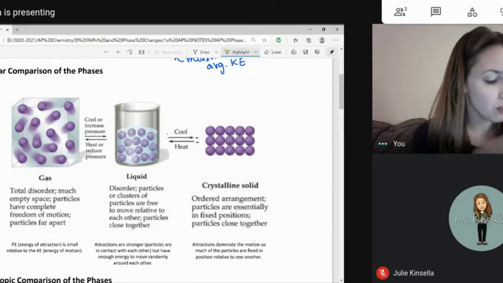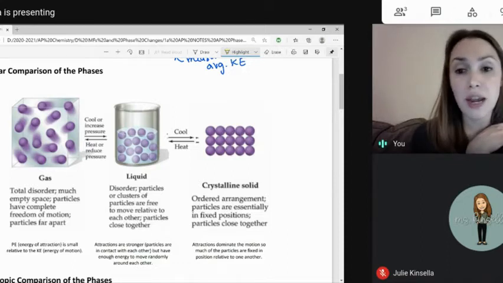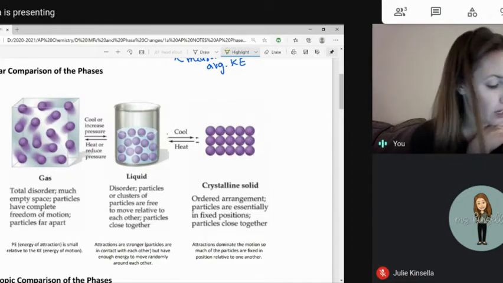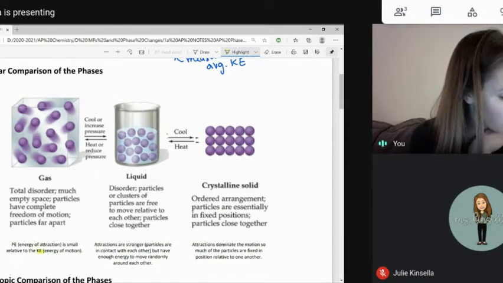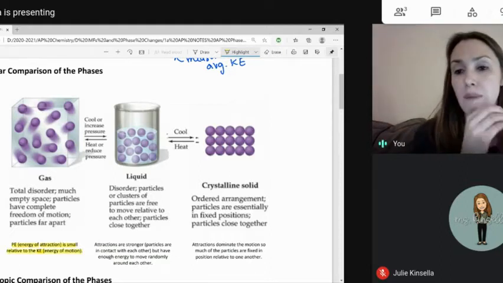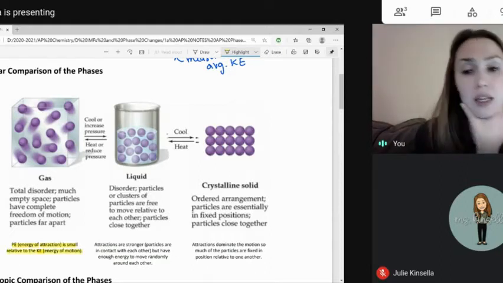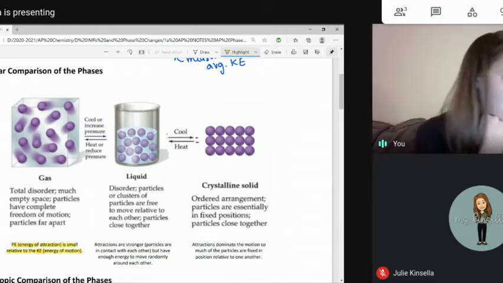They have complete freedom of motion, and the particles are far apart. And you should be able to describe that or draw that in your diagram. One extra thing is that the potential energy is pretty small relative to the kinetic energy at that point, because of how fast the particles are moving, and the fact that they've completely overcome the attractions between them.